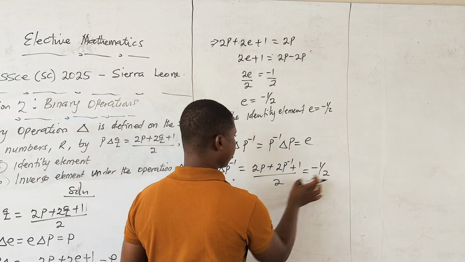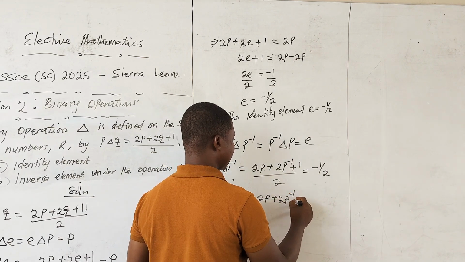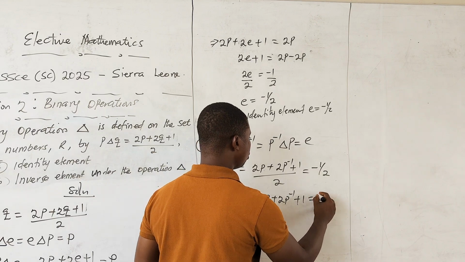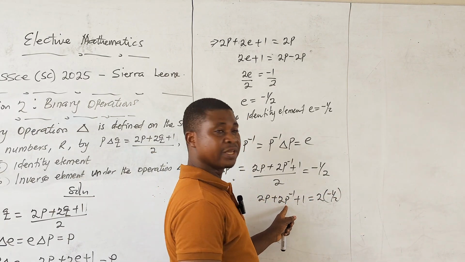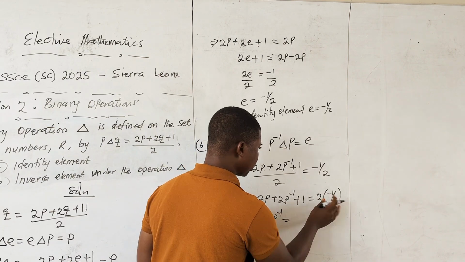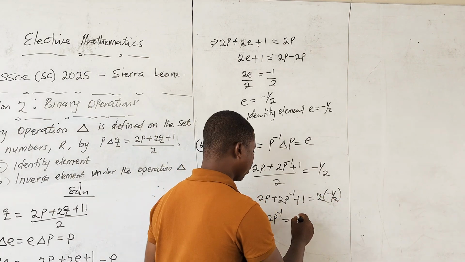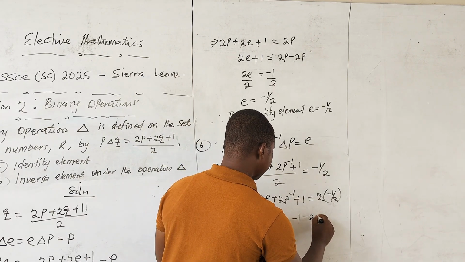So with this, we can cross multiply that. We have 2P plus 2P inverse plus 1 should give you 2 multiplying negative half. We want P inverse. So 2P inverse is equal to, this one will cancel that, so you get negative 1. This one will go there, minus 2P.